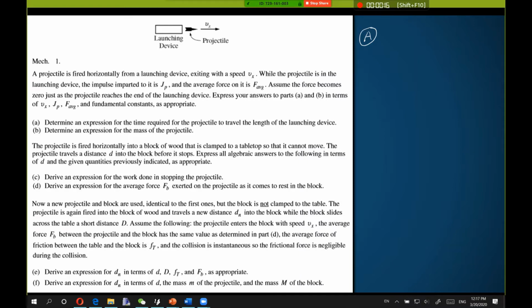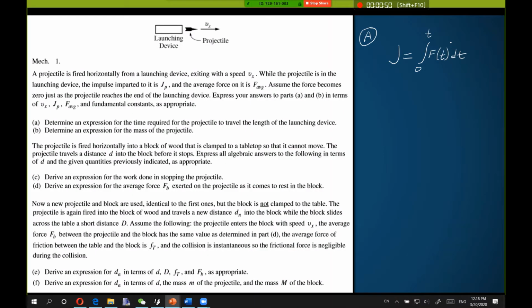Okay, we can start with impulse, that's good. So our impulse is equal to what? Integration of force. Force in terms of what? Well, it's the integral of the force in terms of time from 0 to t.